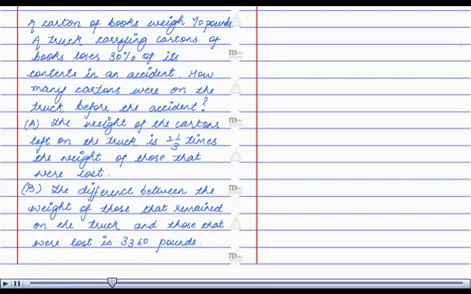Statement A is, the weight of the cartons left on the truck is 2 1/3 times the weight of those that were lost. And statement B is, the difference between the weight of those that remained on the truck and those that were lost is 3360 pounds.